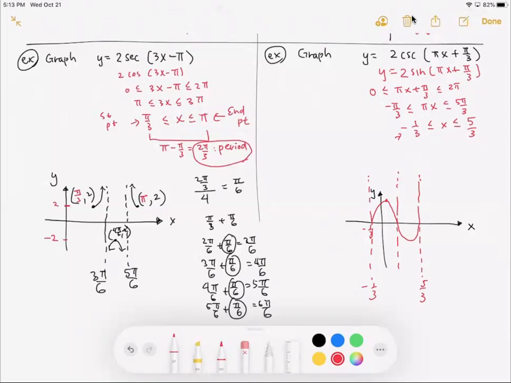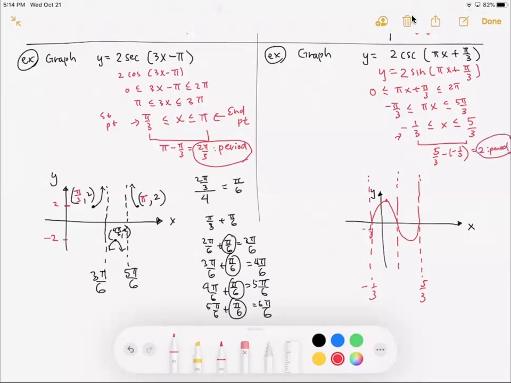You can take the midpoint of these two, or you can use a quarter wave, right? So let's find our period, which is 5/3 minus -1/3. This is equal to 2.